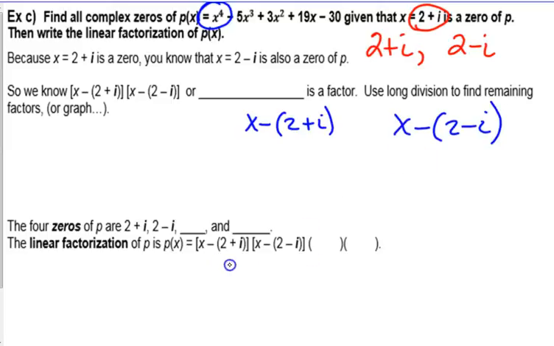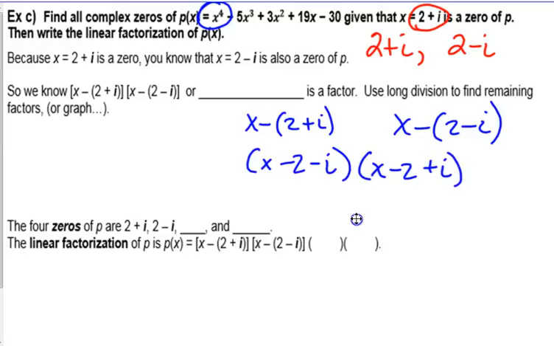It's always x minus. Now, if I distribute the negative through here, what will I get? Minus 2 minus i. All right, over here, if I distribute this negative, I get minus 2 plus i.